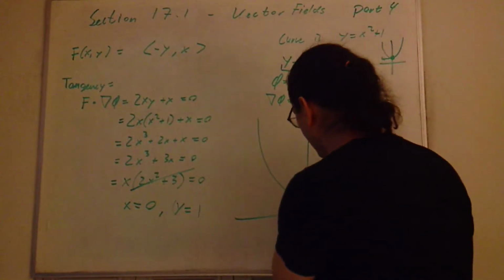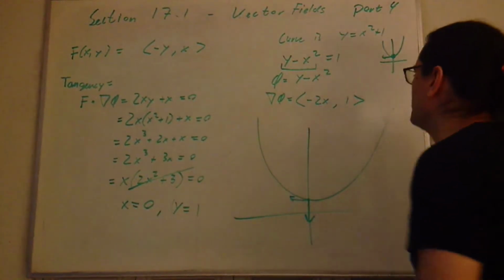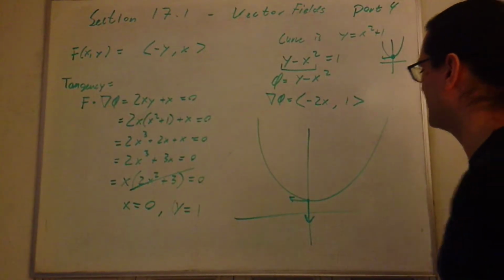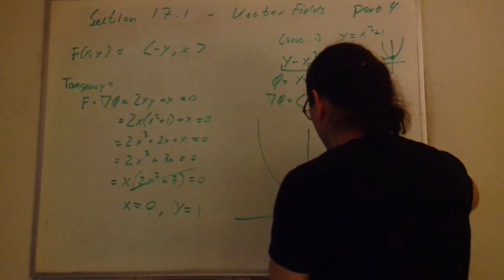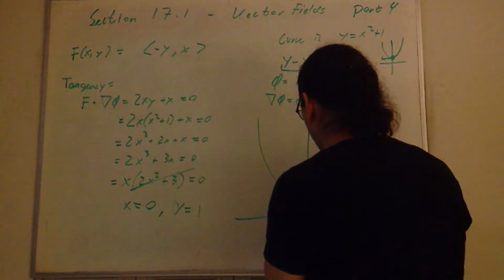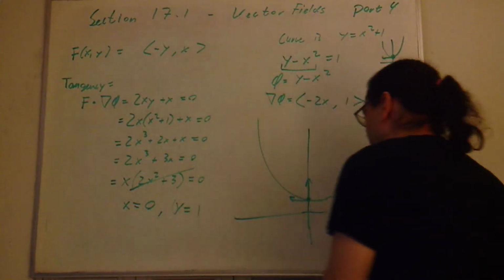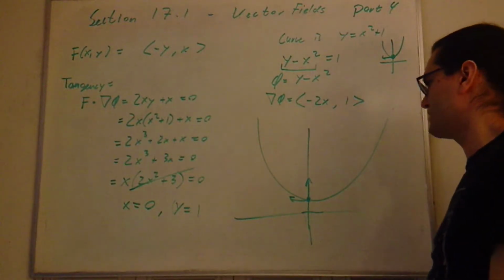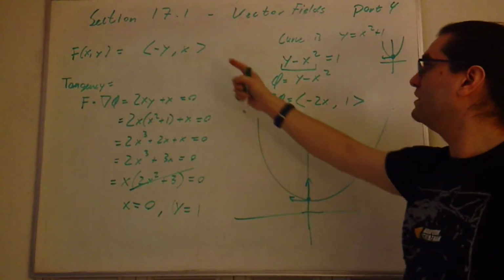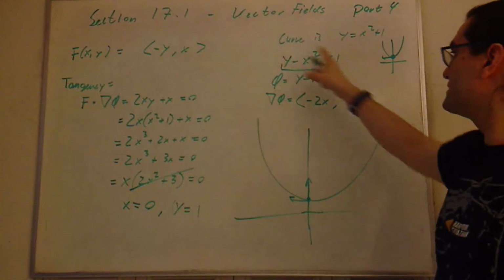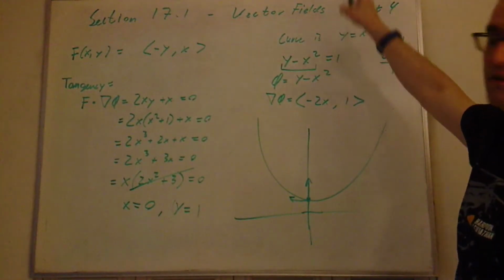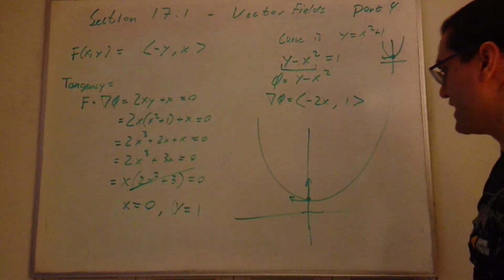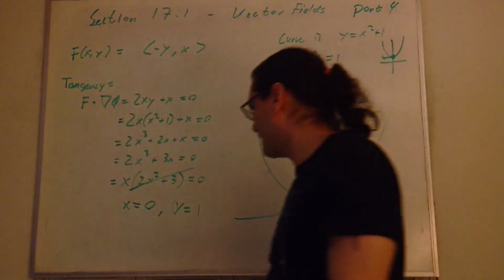The gradient at this point points straight up. The vector field points straight left. Those things are perpendicular, which means the vector field is tangent to the curve. So there's that, at just this one point.